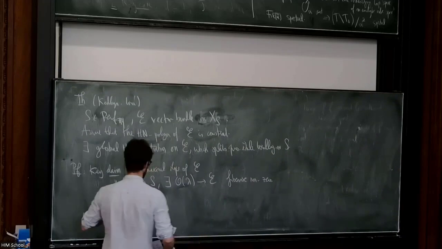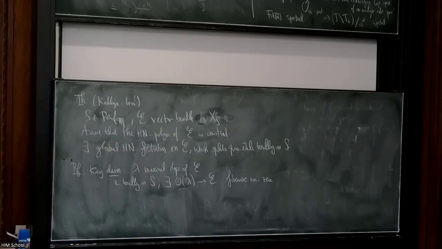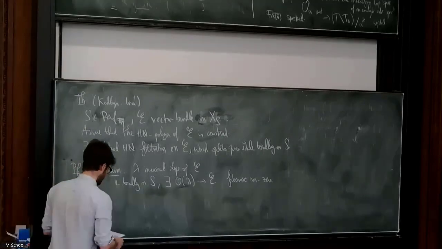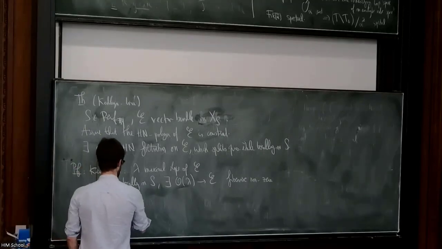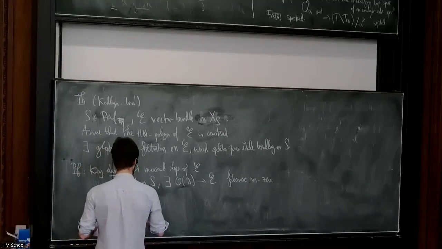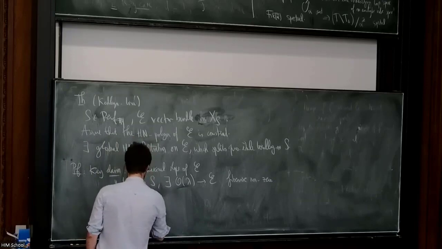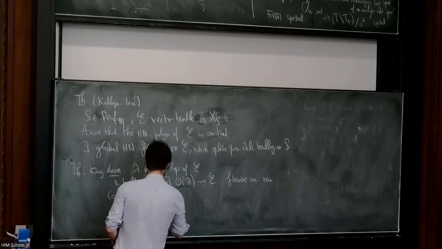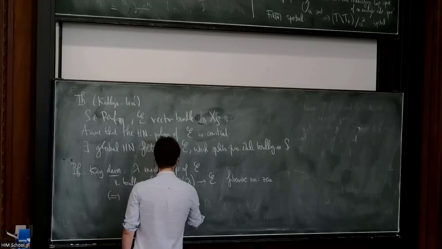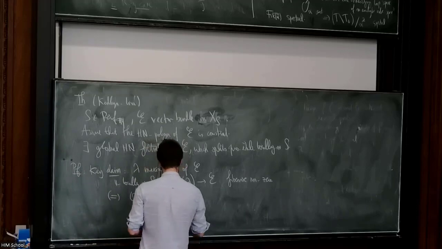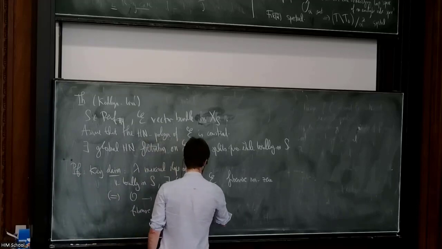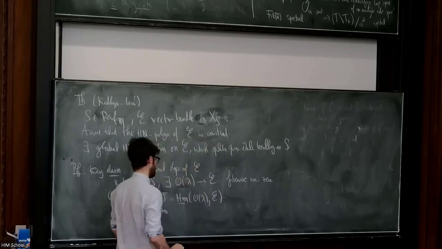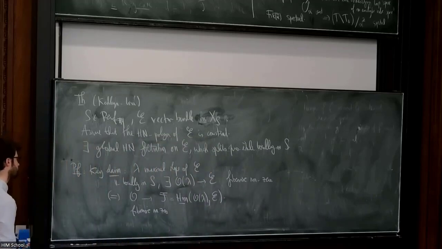If you can do that, then you can argue by induction and prove the statement. But the key is really this. Equivalently, this is the same as saying that you have a fiber-wise non-zero map from the structure sheaf to F, which is the internal Hom from O(lambda) to E. That's just a tautological reformulation.